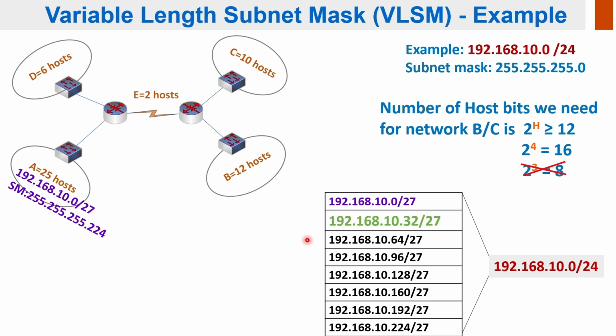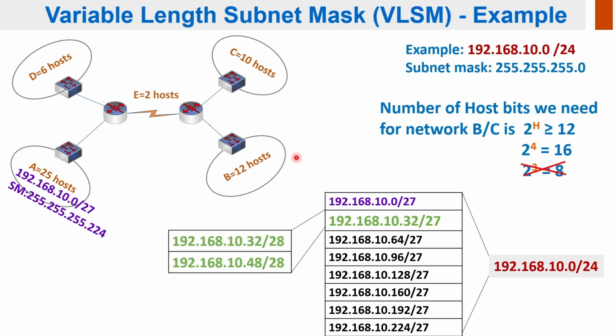So this network is /27, that means 5 bits for host. Now we need 4 bits for host, so 1 bit we can borrow. If we borrow 1 bit, we can make 2 subnetworks. Now our network is 32 and block size is 16.